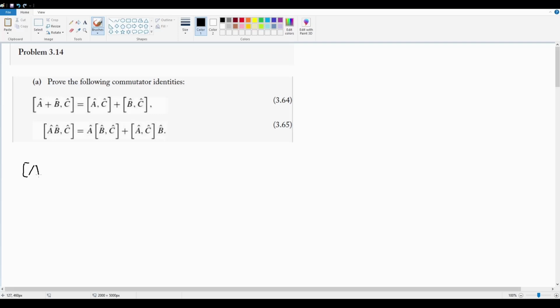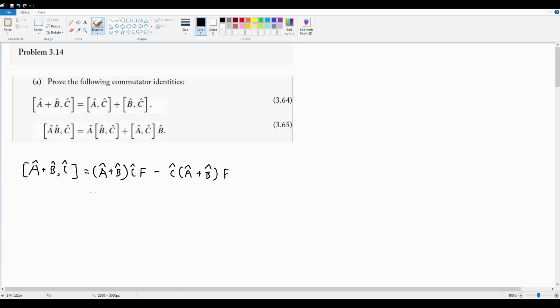So if we write this out fully, a hat plus b hat with c hat can be written out in full as a hat plus b hat, c hat operating on f, subtracted by c hat, a hat plus b hat operating on f.